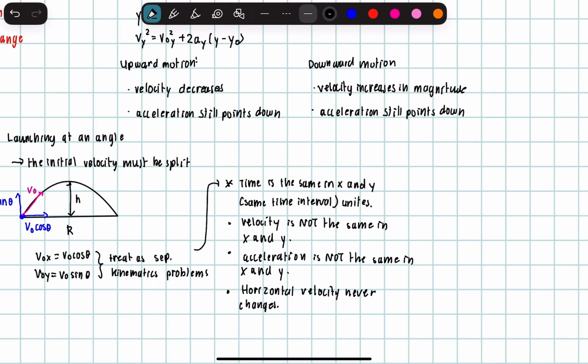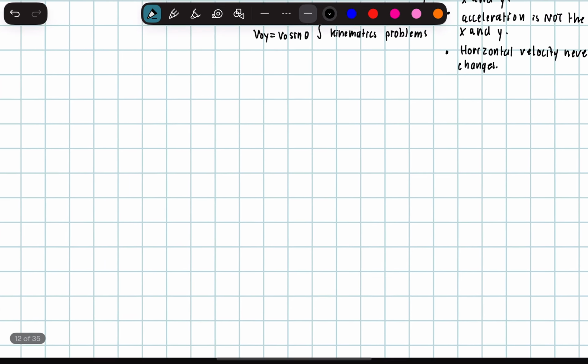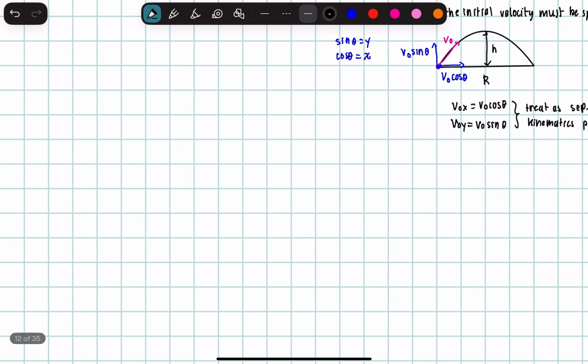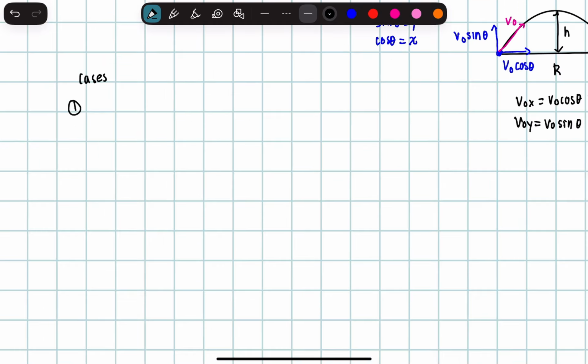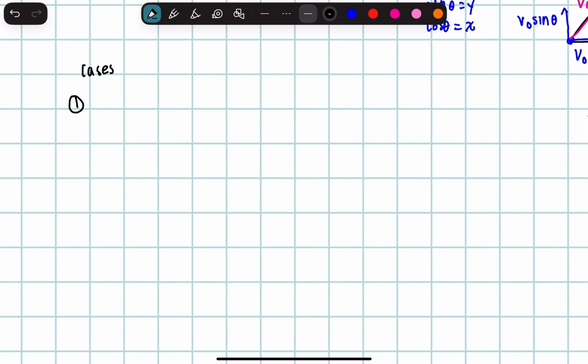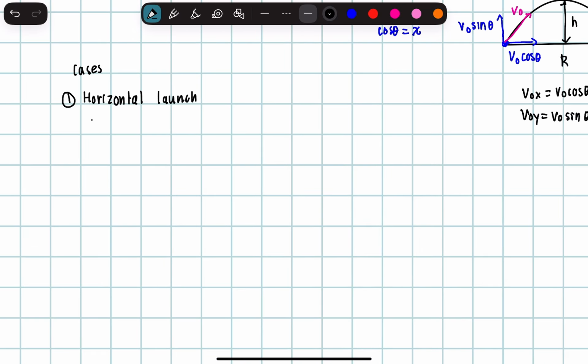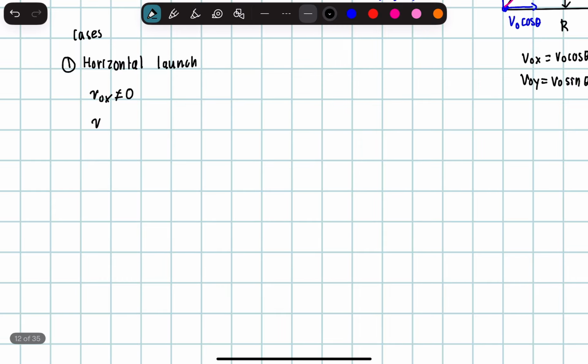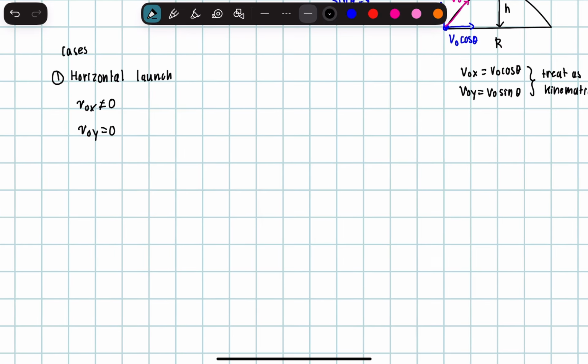Now, there are going to be 4 types of questions that you encounter. So your first type of question will be a horizontal launch. And in this horizontal launch, you will always have that v initial x is not going to be equal to 0, and v initial y is equal to 0.